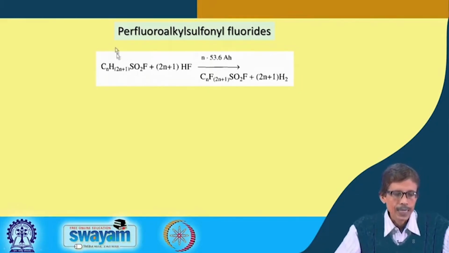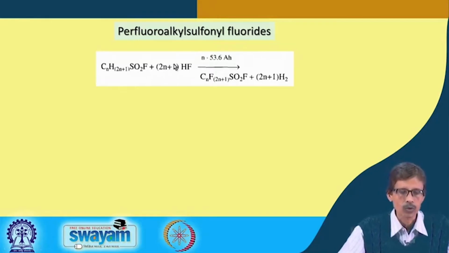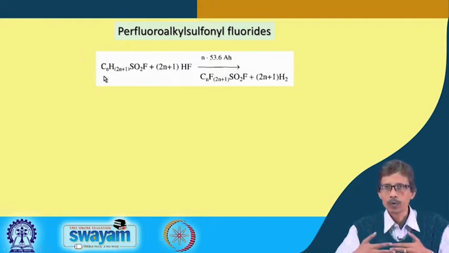So the idea is that the hydrogen present on the backbone of these molecules, these sulfonyl compounds or sulfonates, basically when you have the corresponding anionic compound, these sulfonates are very useful industrially. The only thing is that you have to go for fluorination of the entire amount of hydrogen present on the backbone CnH, where n is the number of carbons.